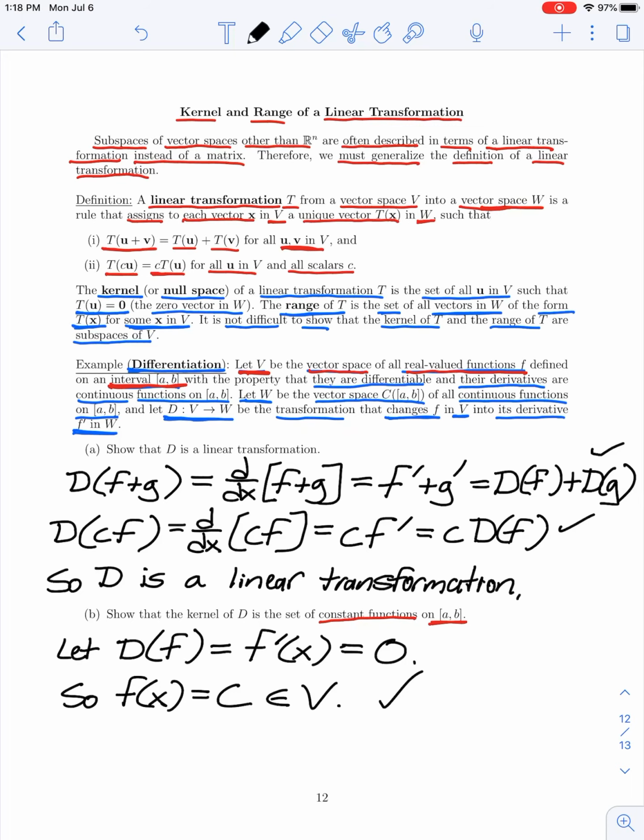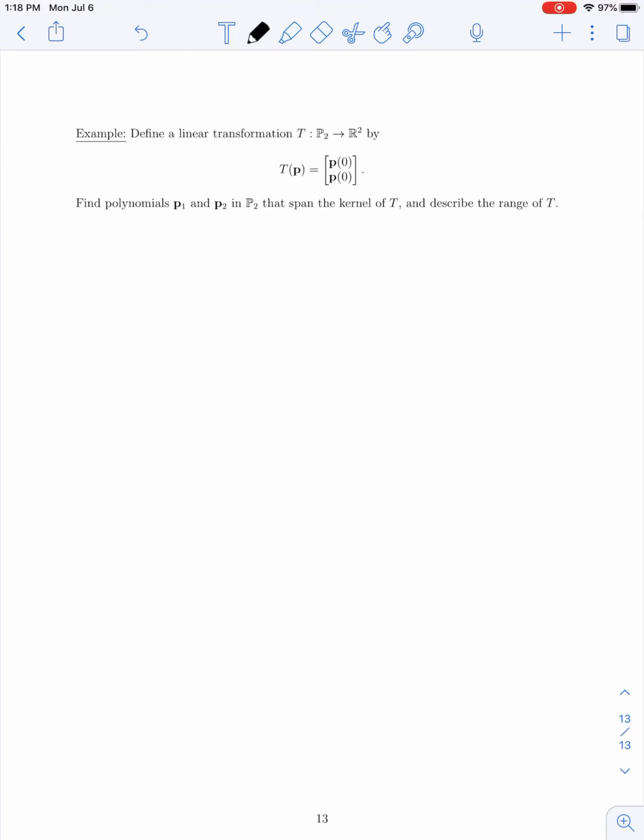So let's look at one last example. In our last problem here, we are considering a linear transformation T from P2, that is the set of polynomials of degree 2 or less, into R2. And this transformation is defined as follows. T of p, so taking some polynomial p, its image under the transformation, is the two-dimensional vector p of 0, p of 0.